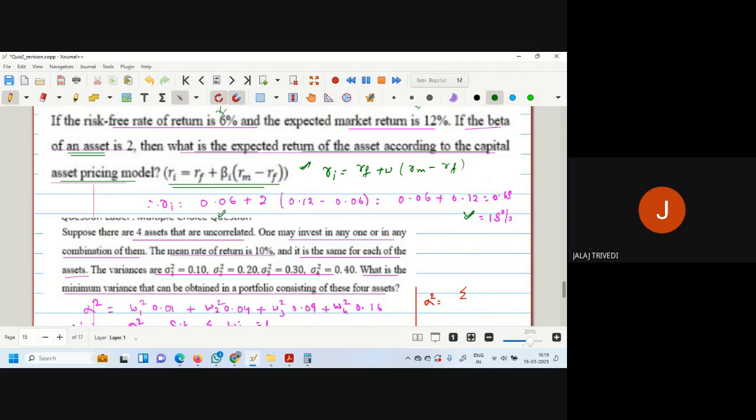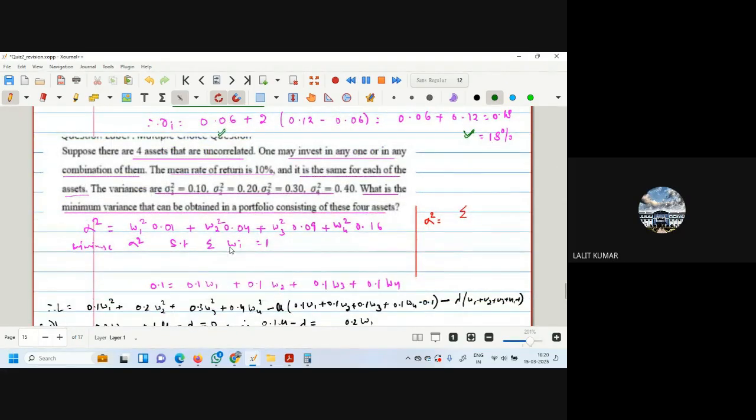Right. Okay. Now, next question: suppose there are 4 assets that are uncorrelated, so this Wij becomes 0. One may invest in any one or any combination. The mean rate of return is 10%, and it is the same for each of the assets. The variances are different; these are the variances. What is the minimum variance that can be obtained in a portfolio consisting of these 4 assets?